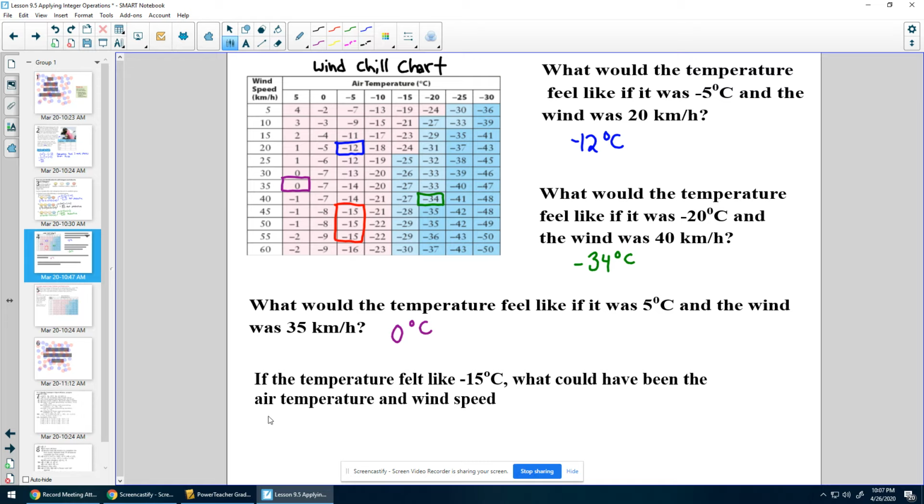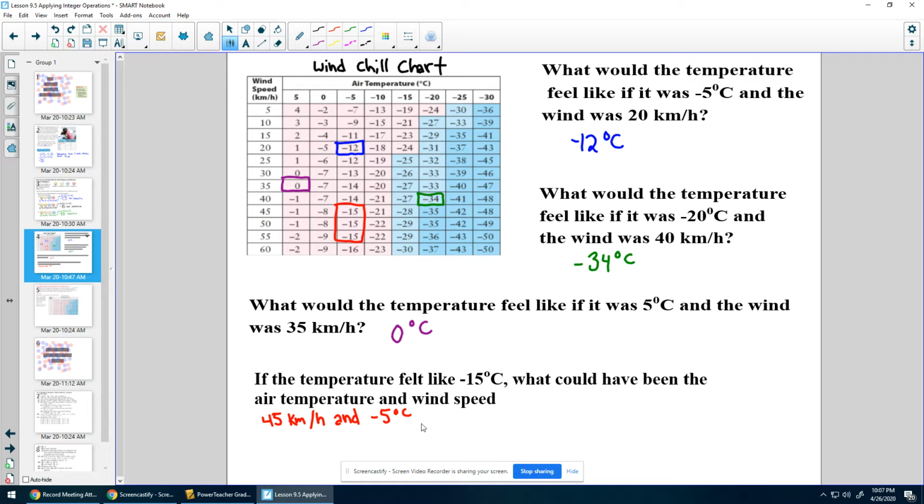So here we have one could be a wind speed of 45 kilometers per hour, and so 45 and -5 degrees Celsius.